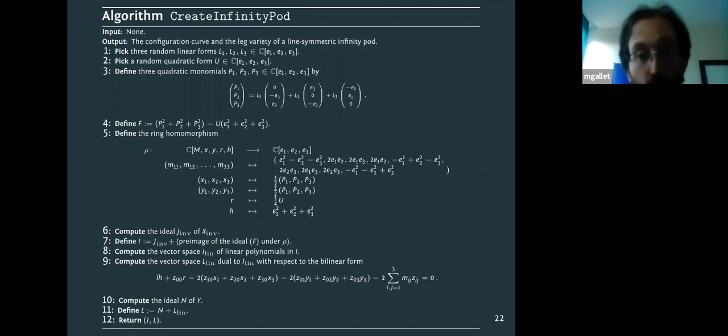Now, one of the reasons why I wanted to discuss this topic with you is that everything here works over the complex numbers. But one can ask, how can we devise our curve so that the whole construction is actually real? Namely, so that I really get infinitely many real legs.